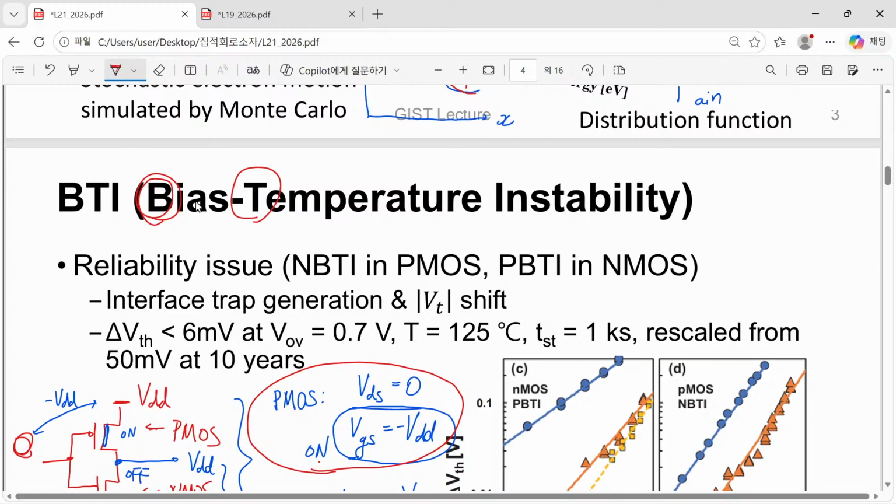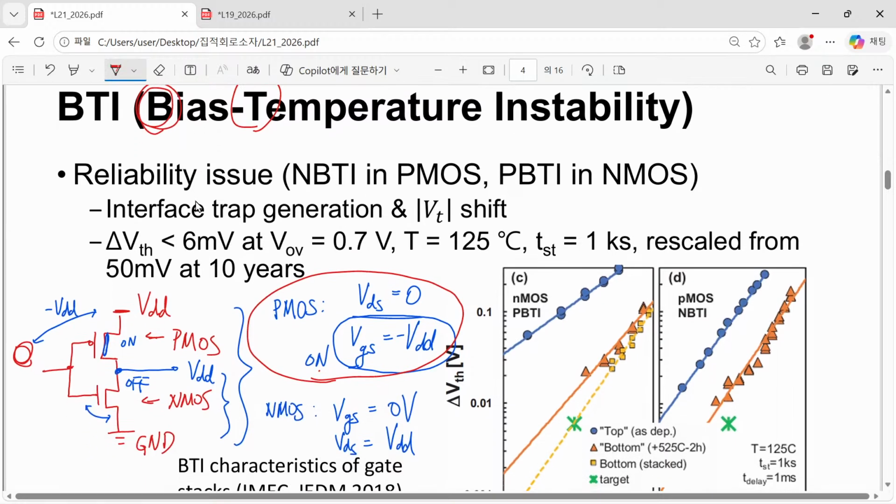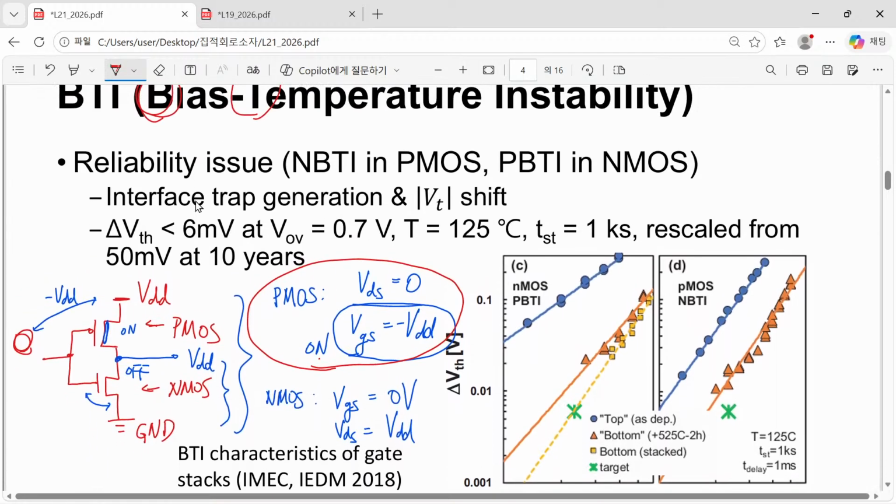Temperature, okay, we introduce high temperature. If we apply high temperature and high bias to our P MOSFET, then it is known that threshold voltage is changing quite rapidly.